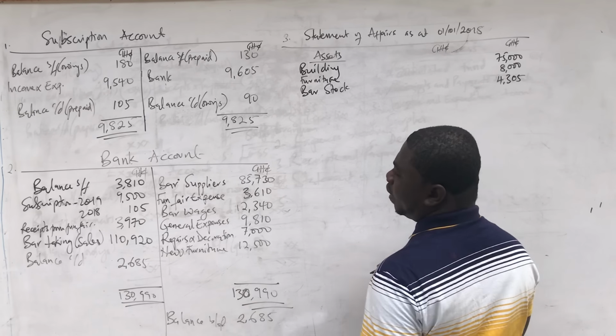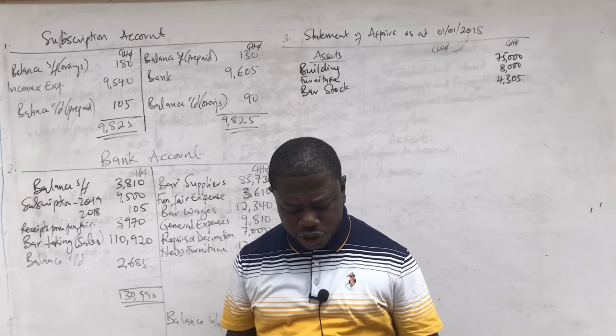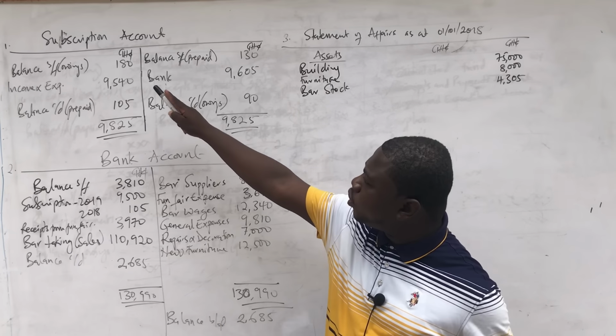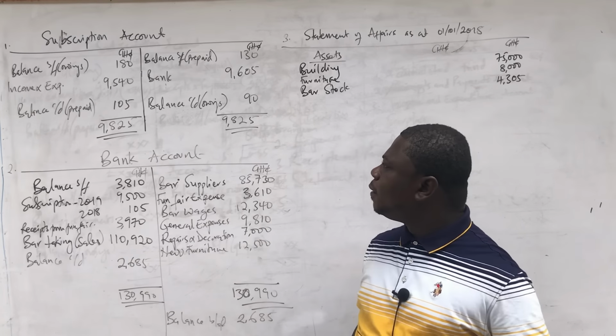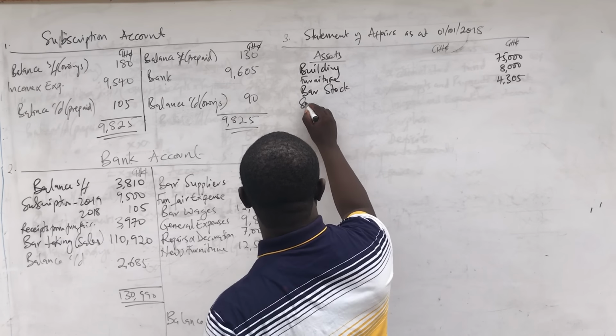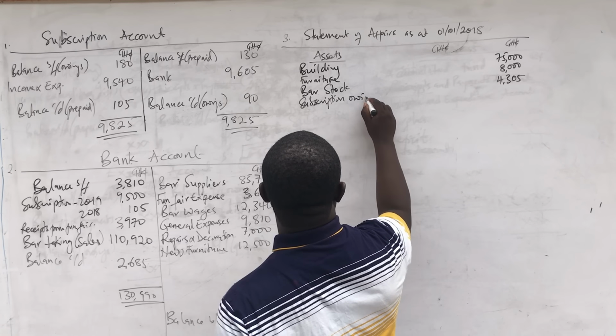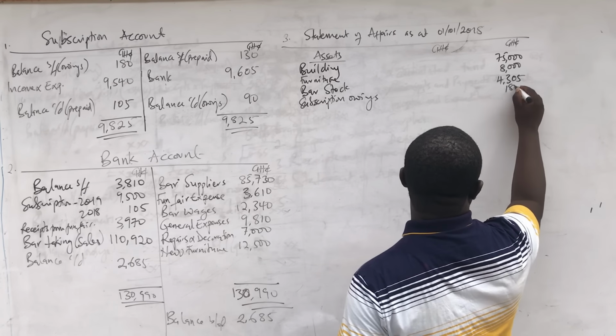And then we are also going to pick, I think there were no receivables. No, there were. Subscriptions owing from the beginning is a receivable. And so we are going to bring subscription owing as an asset, and the value is 180.